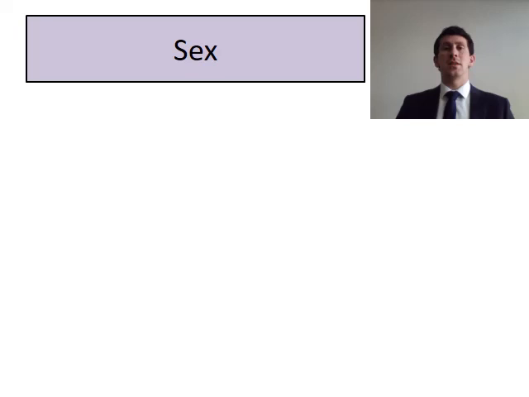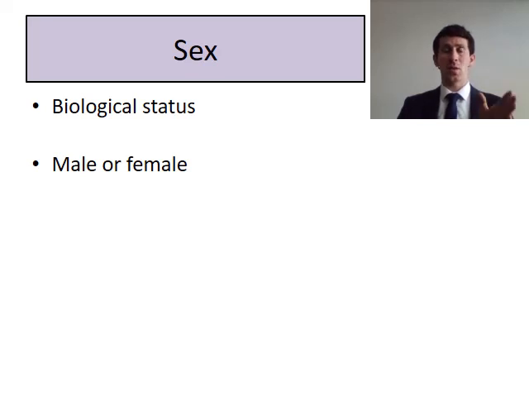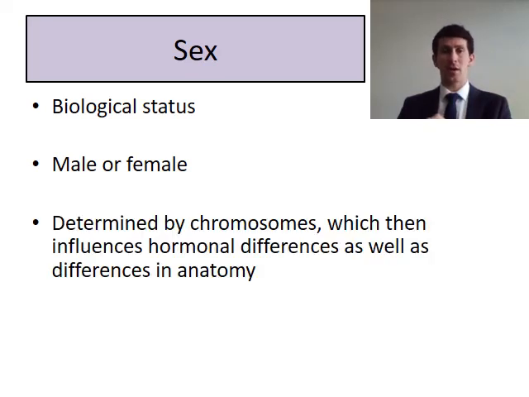So the first term we're going to look at is the term sex, and like I said previously, the terms sex and gender are often used incorrectly. When we use the word sex, we mean the person's biological status, so whether they are male or whether they are female. And this is usually determined by their chromosomes, okay? And the chromosomes then will result in different hormones being released, and that eventually will result in males and females having different anatomies.